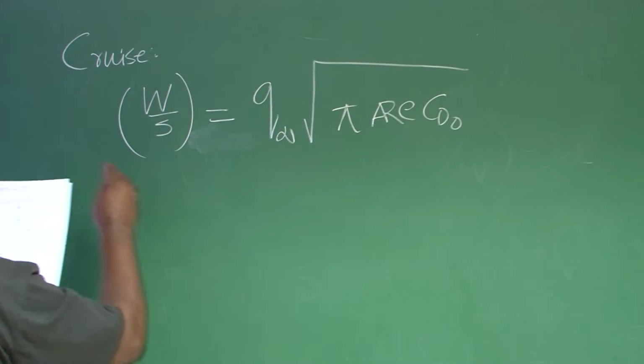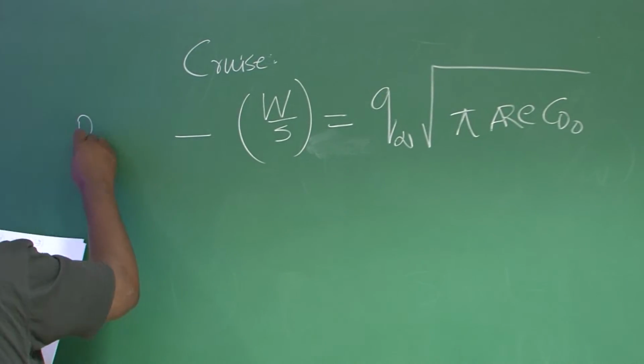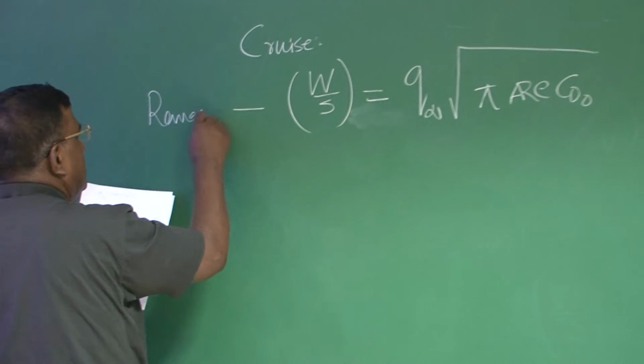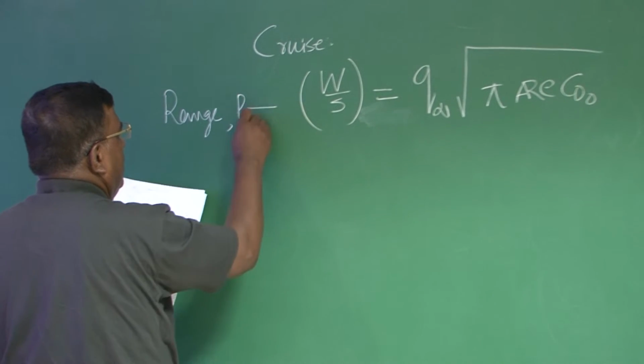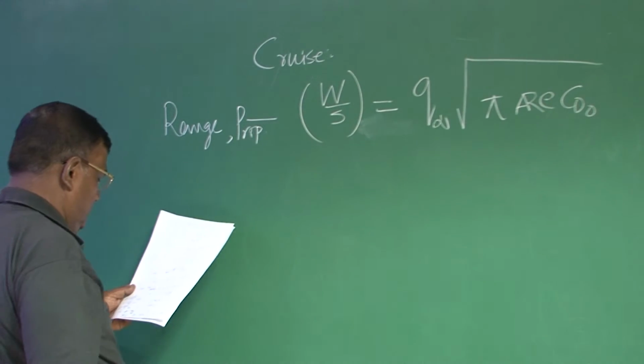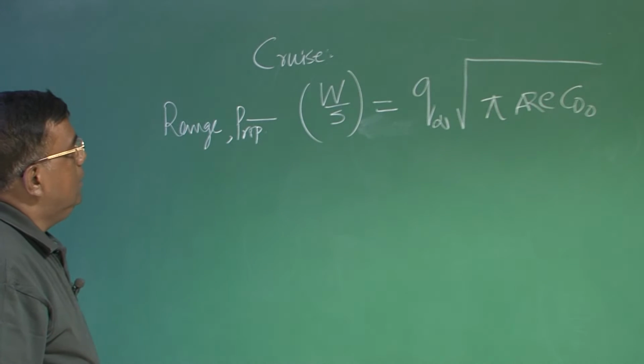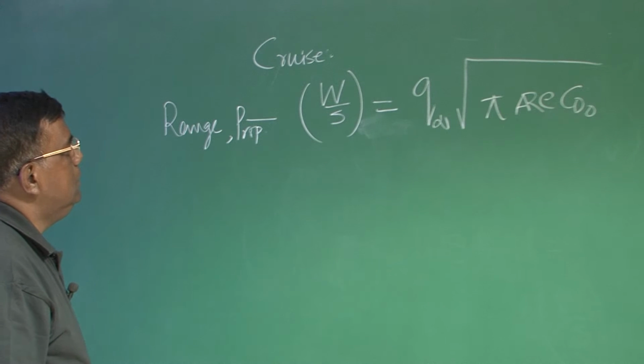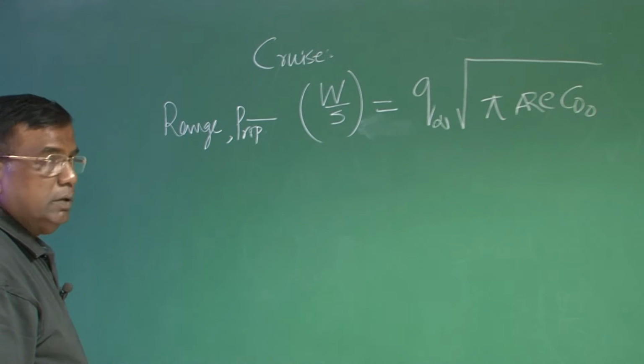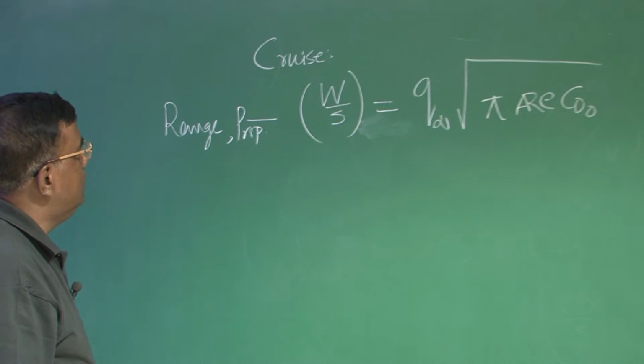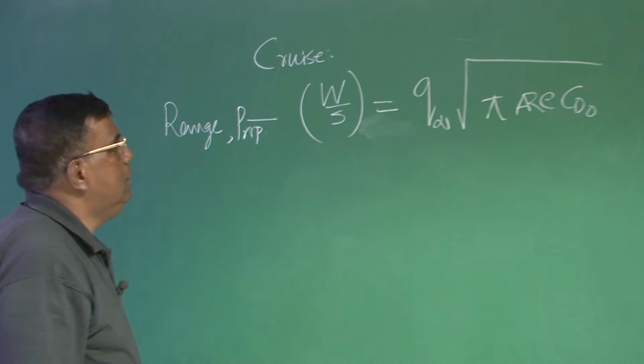This is for range maximum, and of course we are writing for a propeller driven aircraft. So this is W by S cruise when you want to maximize the range for a propeller driven airplane.